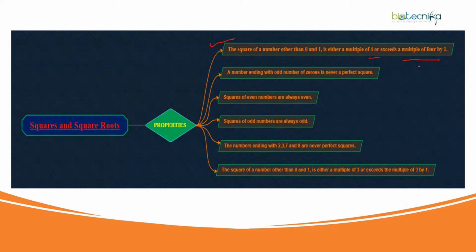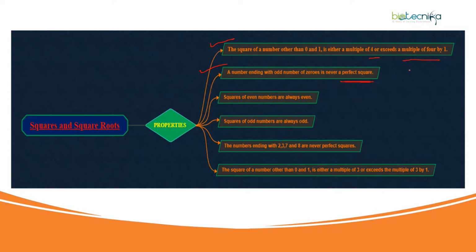Fine. Next is a number ending with odd number of zeros is never a perfect square. अगर कोई perfect square का series आया question में, okay, या फिर they are asking which among these is a perfect square, then at that point of time what you want to do?